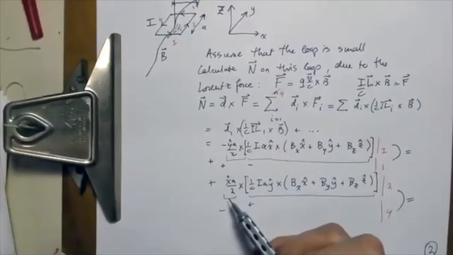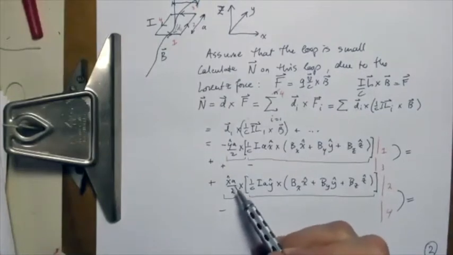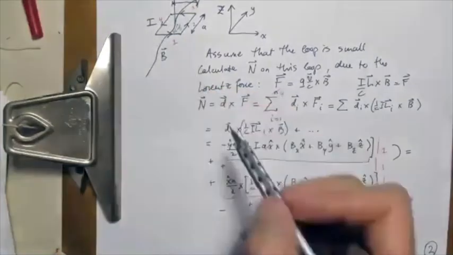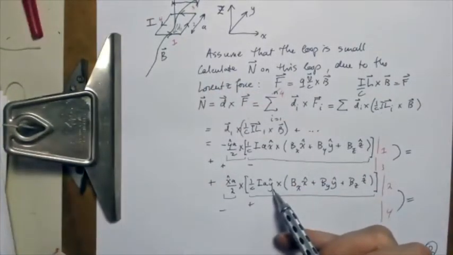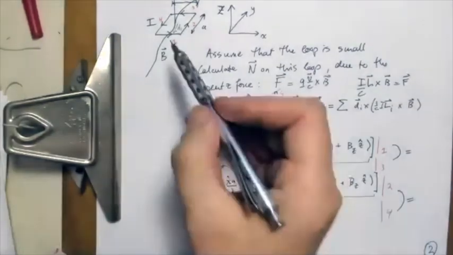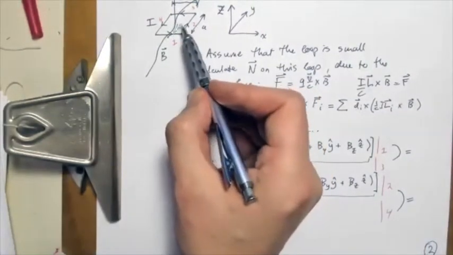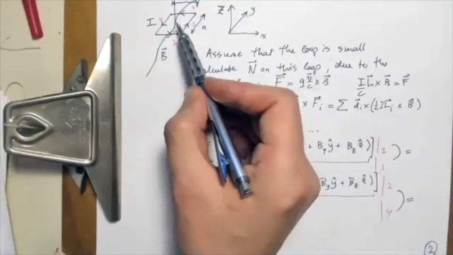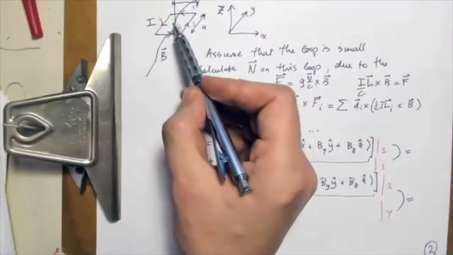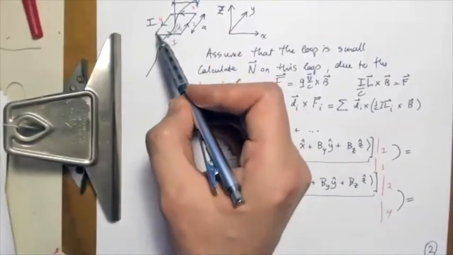Now, the same thing for numbers 2 and 4, except here the arm is, of course, pointing in the x direction, and the wire has a current that's flowing in the y direction. Number 2 and number 4 are again equal to each other, because the arm and the current in 2 are exactly the opposite of the arm and the current in 4.